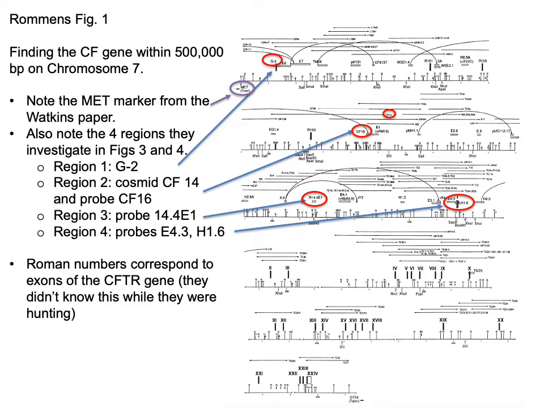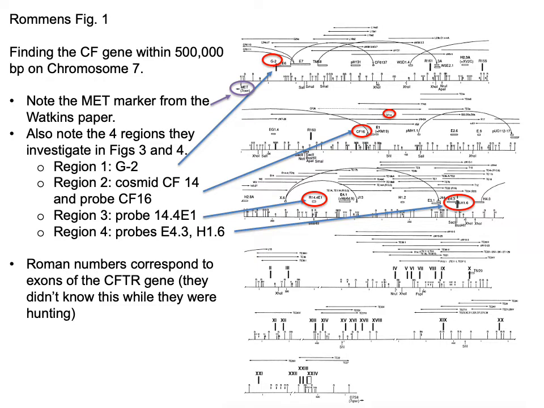You can see the MET marker at the very top, I've circled in purple. That's the same marker from the Watkins paper. And what I'm going to describe briefly to you is how they tested 4 different regions that seem to be potential candidate regions for where the cystic fibrosis gene might be. So we can just call these regions 1, 2, 3, and 4, and they correspond to those red circles.